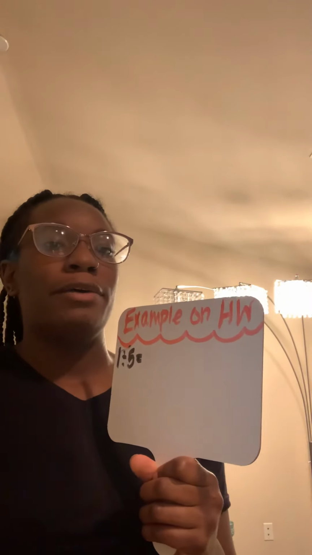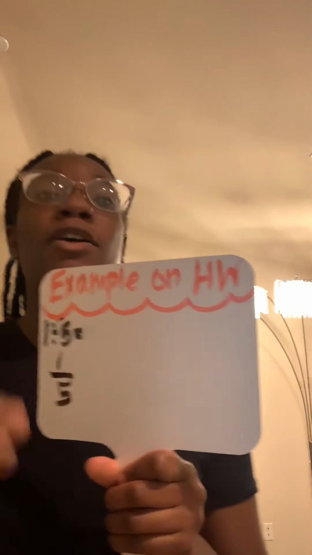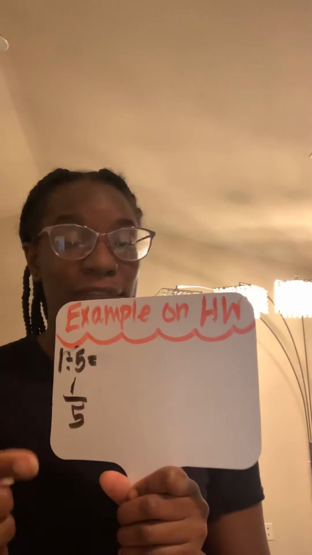So we already know that we could make the fraction 1 over 5, but I want you guys to understand how we get to that. So we're going to be using a diagram to model how we've come to this answer of 1/5.